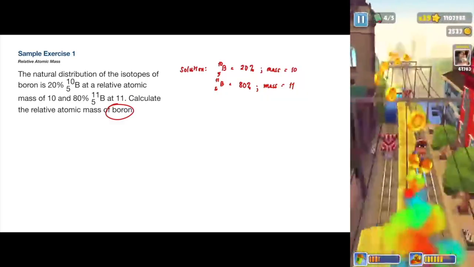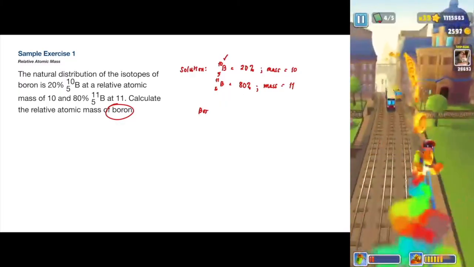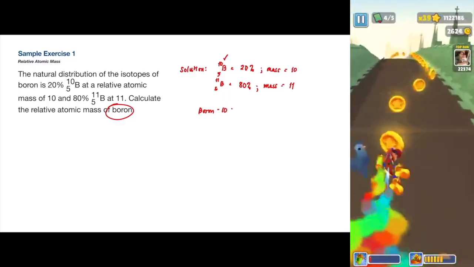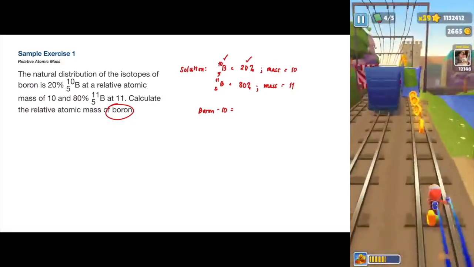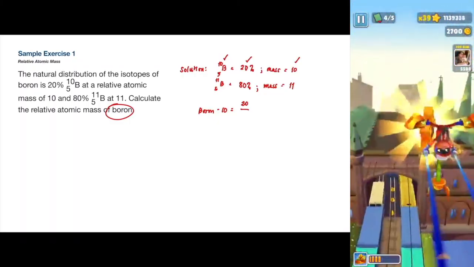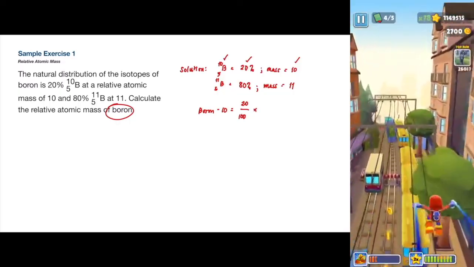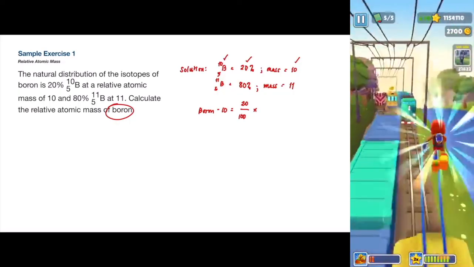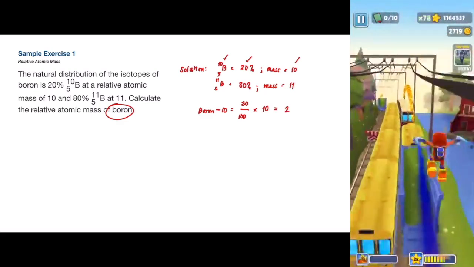Now, the first isotope, boron-10, which consists of 20% of an atom with a mass of 10, contributes 20 over 100, the fraction form of 20%, multiplied by the mass of boron-10, which is 10, equals 2.